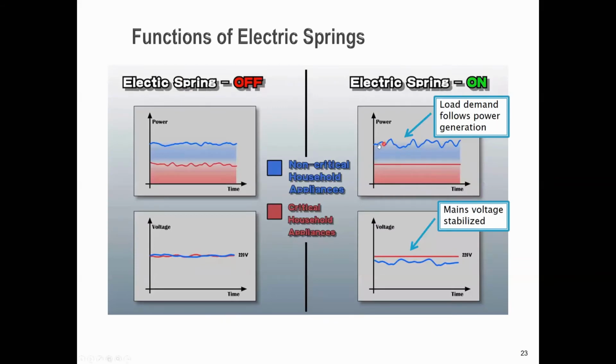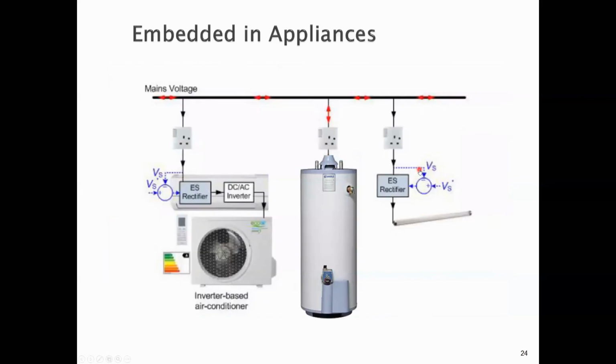So the idea is to let this non-critical load, particularly thermal load, absorb the power fluctuation, because the water temperature or the air temperature will not change rapidly. Water and air have high thermal capacity. Okay, so this is the idea that we use them as non-critical load. So we allow a regulated standard mains to power the critical load, and a fluctuating adaptive mains to power the non-critical load. And then we can balance supply and demand in real time.